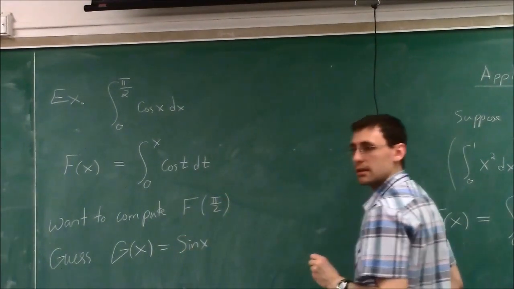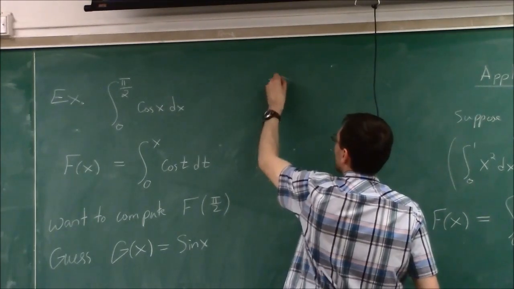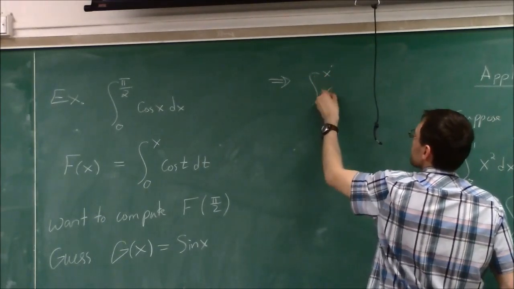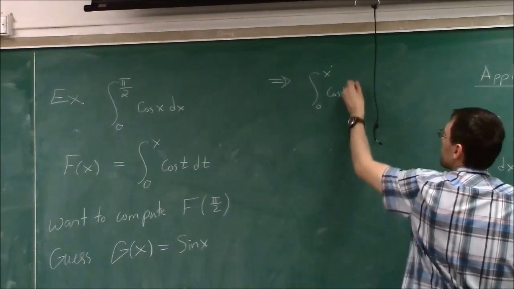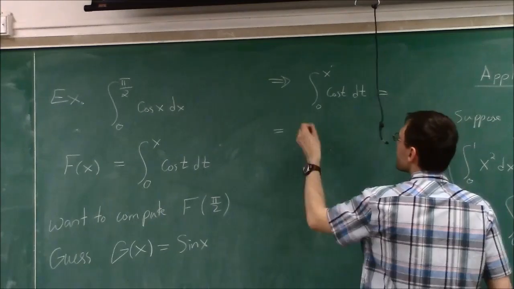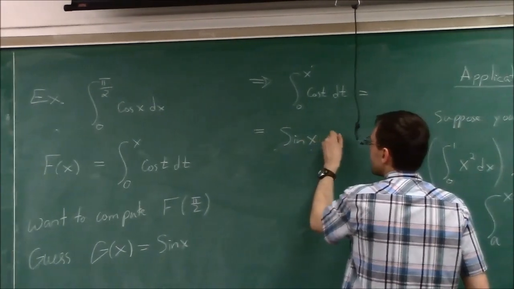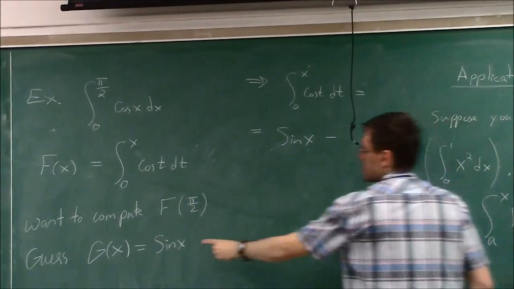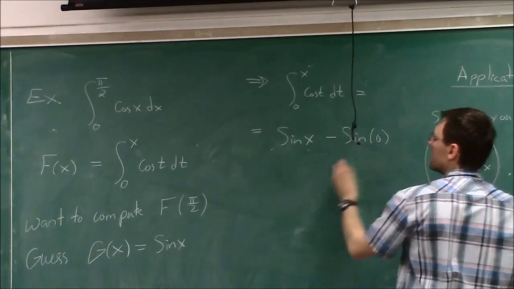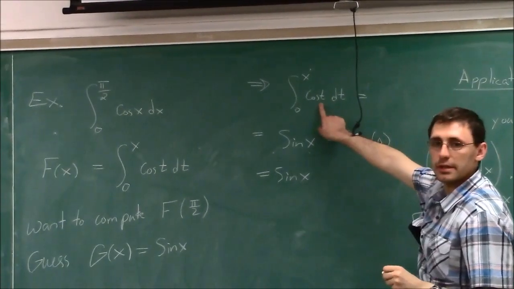So sine x. So according to what we just derived, the integral from 0 to x of cosine t dt is equal to sine x minus sine of 0, which is equal to sine x. In other words, I figured out that this function is sine of x.